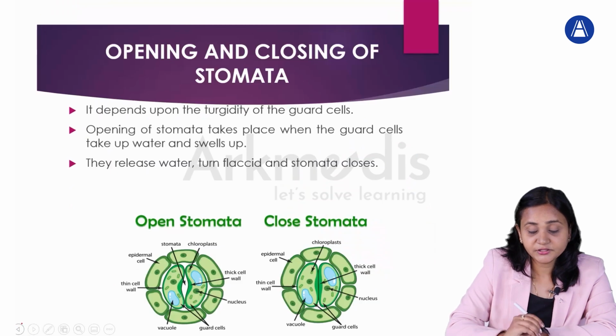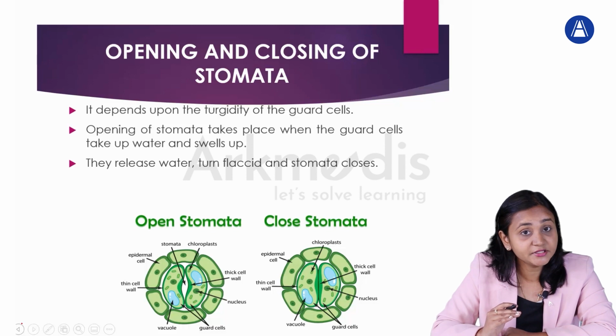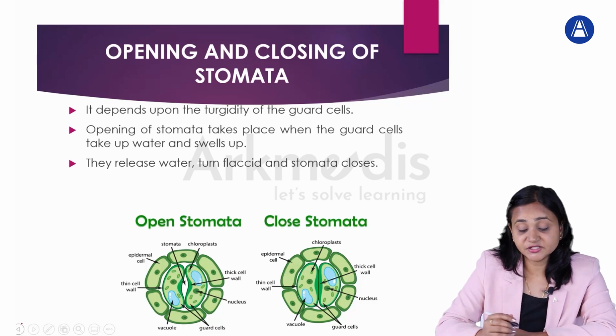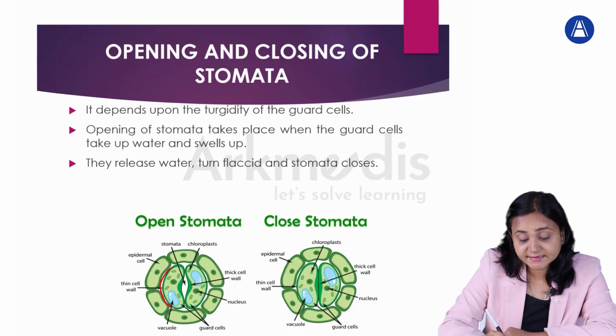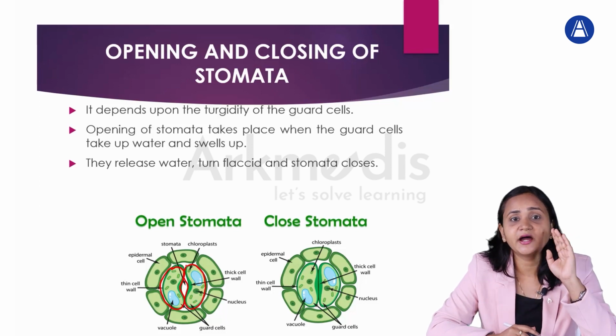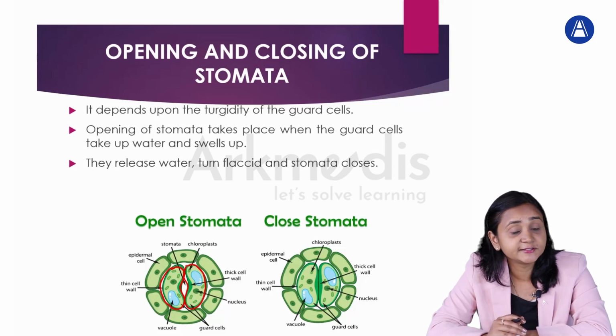Another important point to be noted is how this raw material, that is carbon dioxide, is taken inside the leaf. That is because of the guard cells of the stomata. Now, a leaf has many hundred to thousand number of stomata present on its surface.